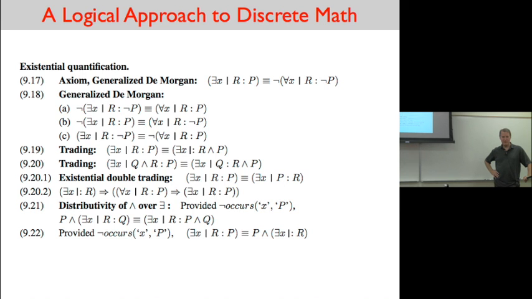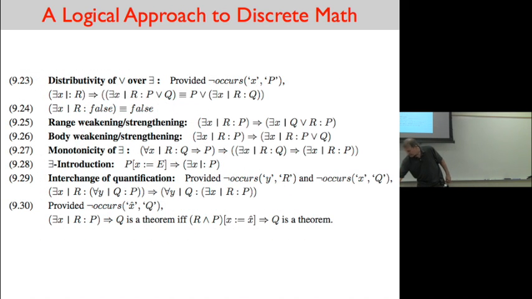Everybody remembers what the contrapositive is? What's the contrapositive of P implies Q? Not Q implies not P. So to do proof by contrapositive here, what you would prove is that not the right-hand side implies not the left-hand side.